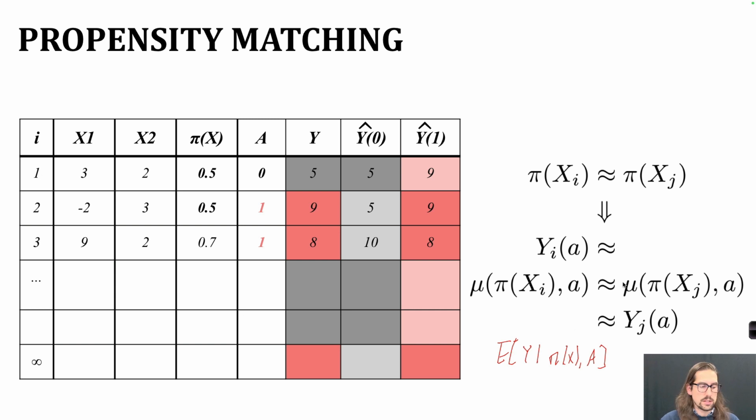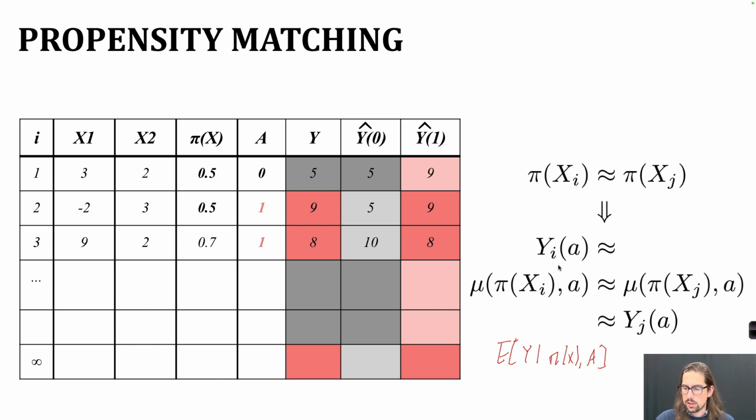But certainly this is the case: even if xi is not the same as xj, if pi of xi is the same as pi of xj, certainly these are equal. And then again, from here to here is our identification.